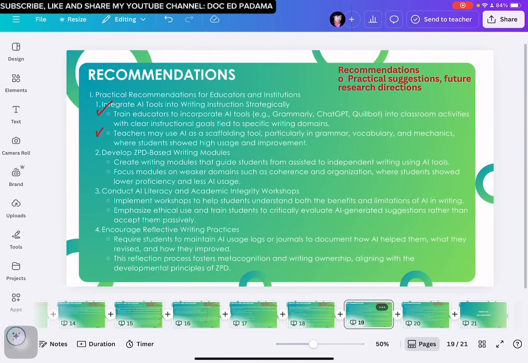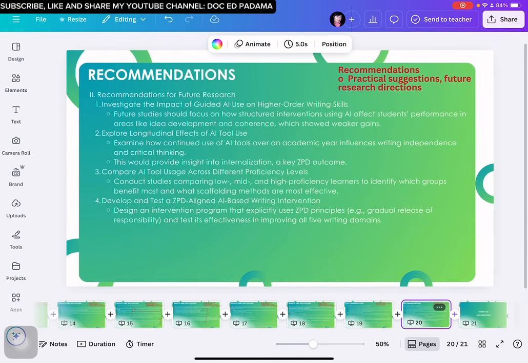So that is part of our discussion right now, for you to be able to identify what is wrong with the recommendations based on the elements that I previously discussed. So the last part, again, this is the recommendation for future research. So for future research, it's the same element.